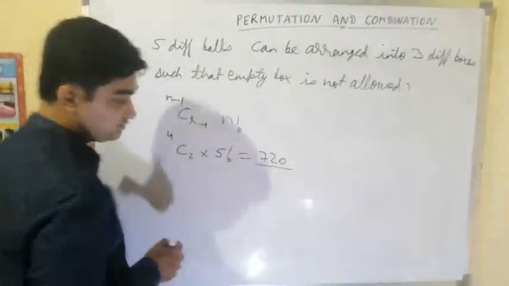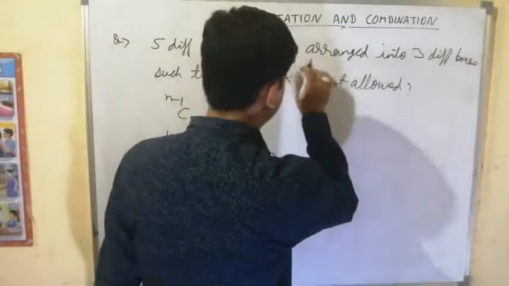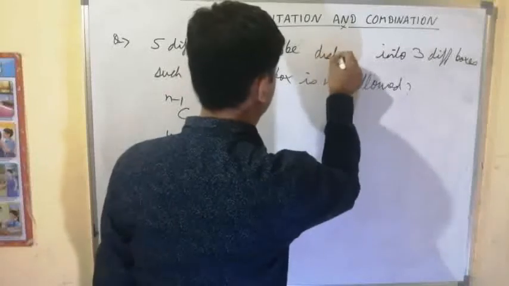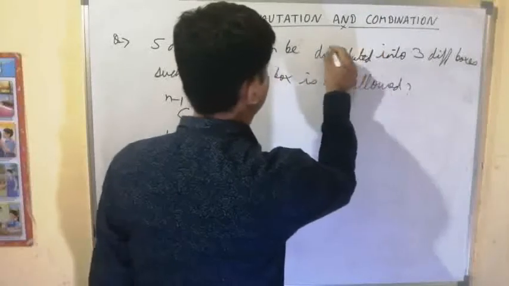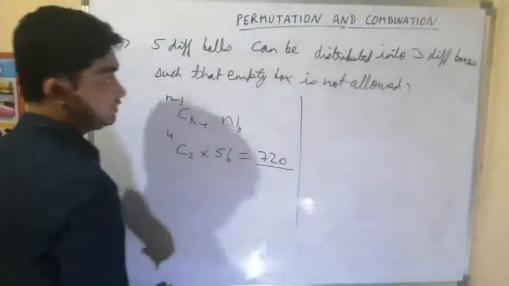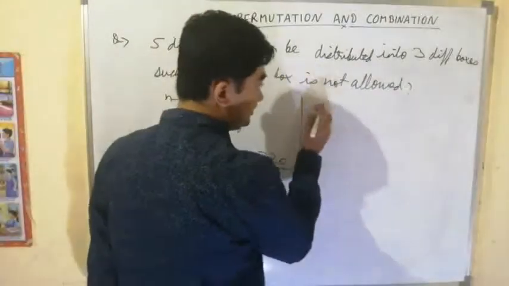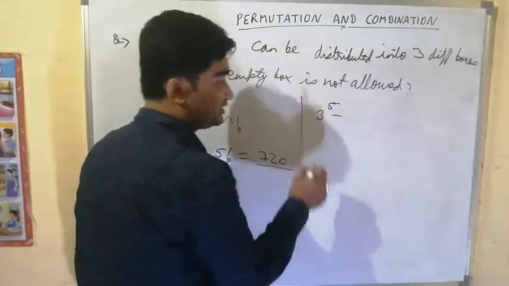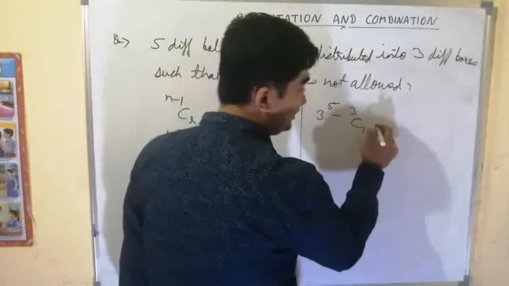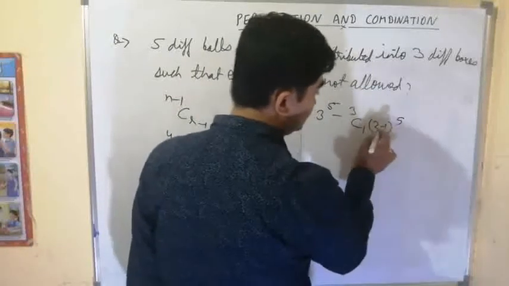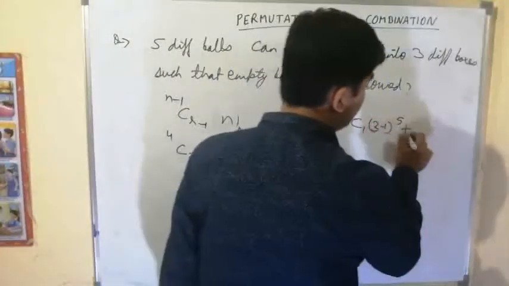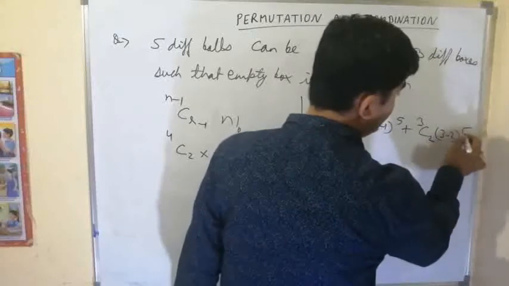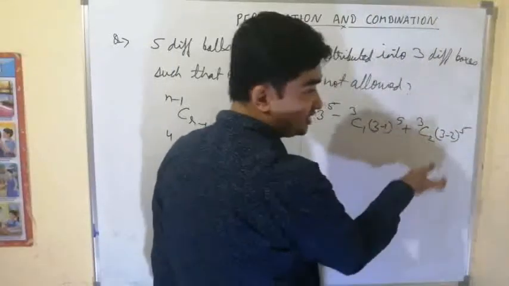Now in the same problem, if instead of arranged it is given distributed, then what will we do? Distributed means total methods are r power n, that is 3 power 5, minus rc1 into (r minus 1) power 5, plus rc2 into (r minus 2) power 5, minus rc3 into (r minus r) power 5, which is 0.